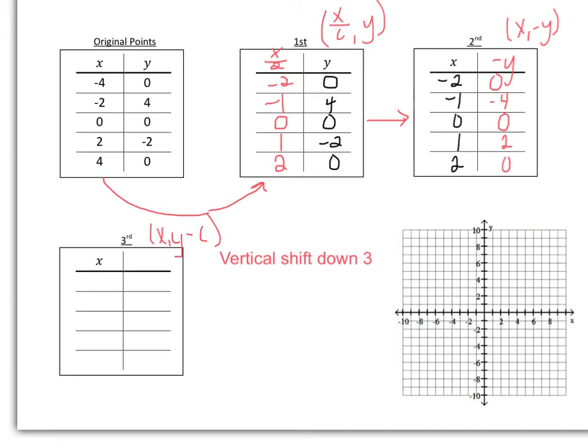So in here, that means this is going to be y minus 3. So again, our x's are staying the same. So going back to what we had for our second one, our x is going to be -2, -1, 0, 1, and 2. And then I'm going to be subtracting 3 from each of the y's from our previous table.